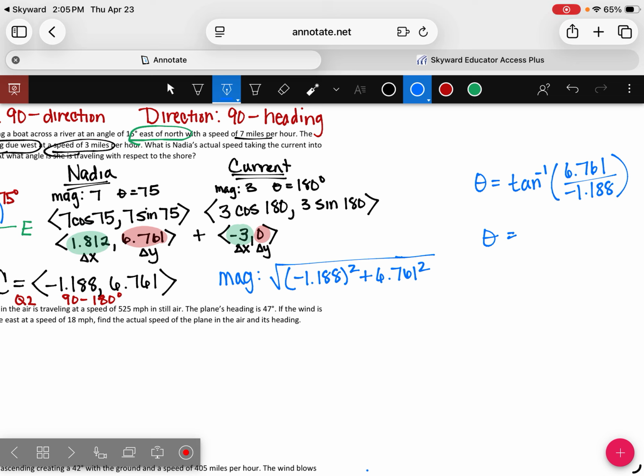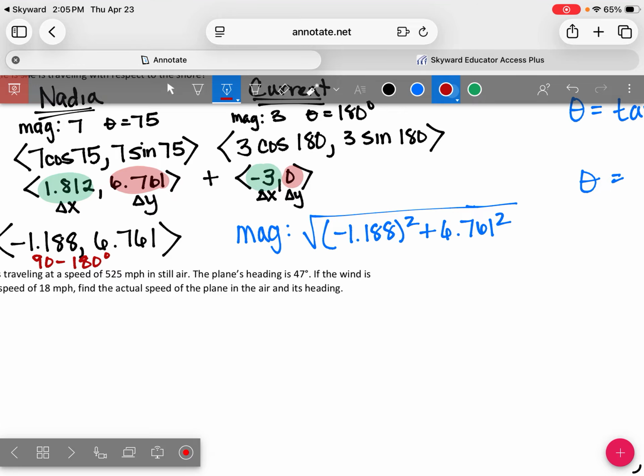So the speed that I got for the Nadia and current was 6.865 miles per hour. So the speed magnitude, 6.865 miles per hour. Anybody else get that?